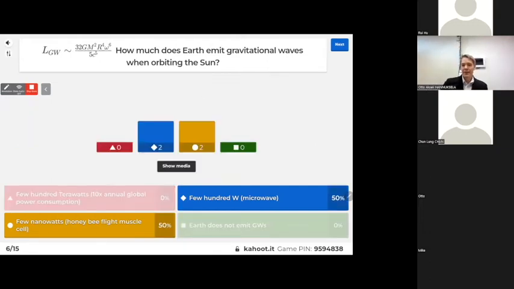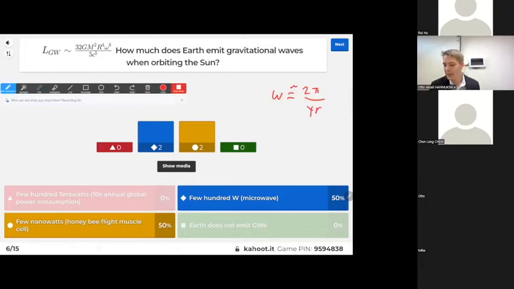Okay, 4 people have answered, and there is a 50-50 split between a few nanowatts and a few hundred watts, so that would be a microwave. The answer that I got, maybe some people can verify, maybe I'm wrong, but just by plugging it into the equation, I got a few hundred watts, so the microwave oven.